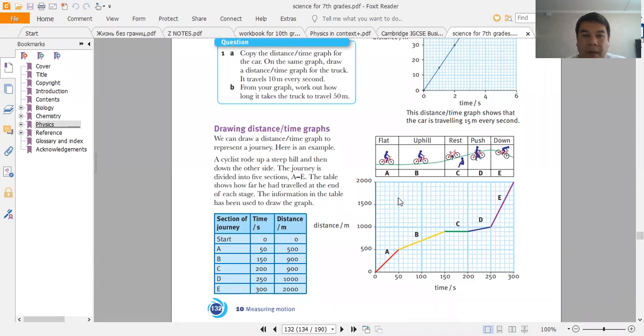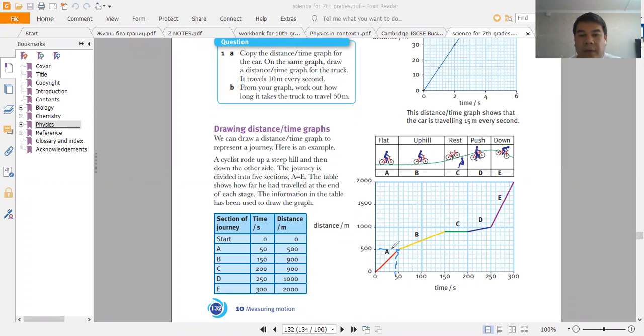Everybody please pay attention to the cyclist here in A, B, C, D, E. So how can we show the movement of this boy on a bicycle? Please first pay attention to A, the time and distance. So it's 50 and 500. When it's 50 and 500, we may see that it's increasing steadily.